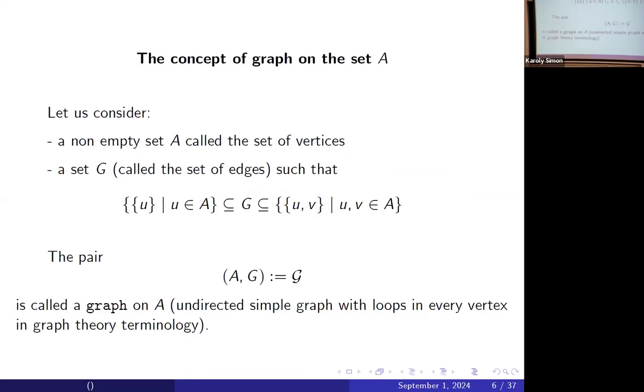And now I want to say what I mean by a graph on a set A. So we have a non-empty set A, which is called the set of vertices.